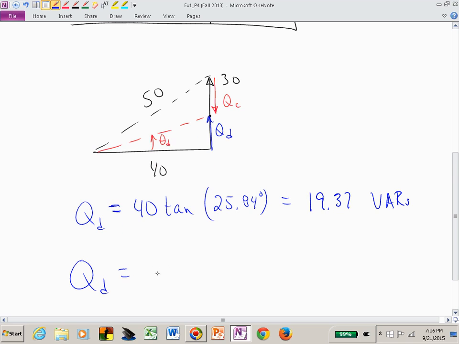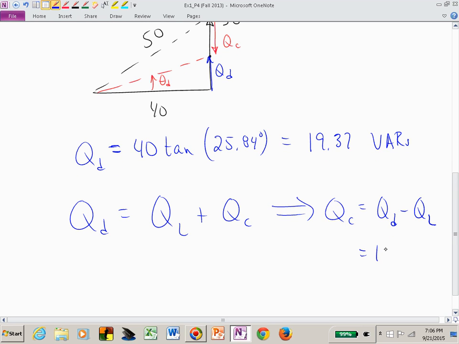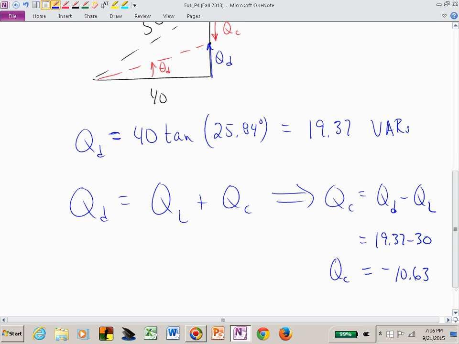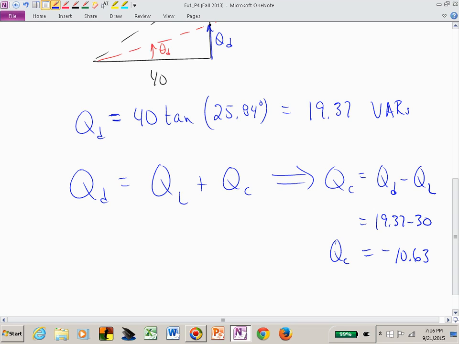The QD is Q, let's say, of the load plus Q sub C. Q of the load was 30. And our capacitor needs to then supply 10.63 VARs. Yes.